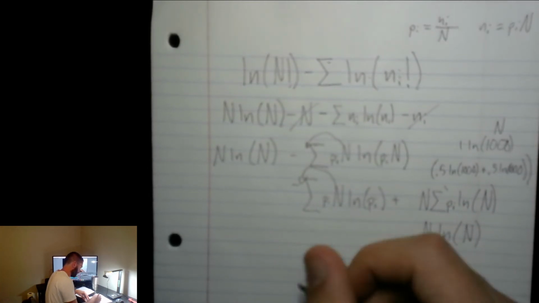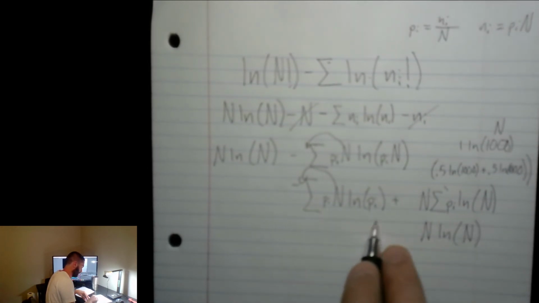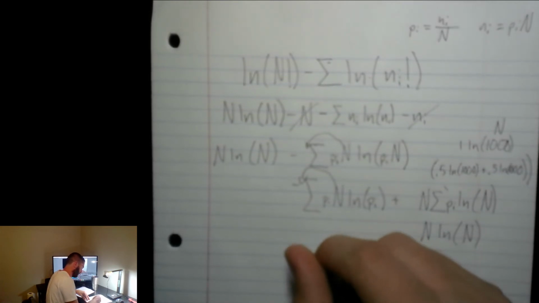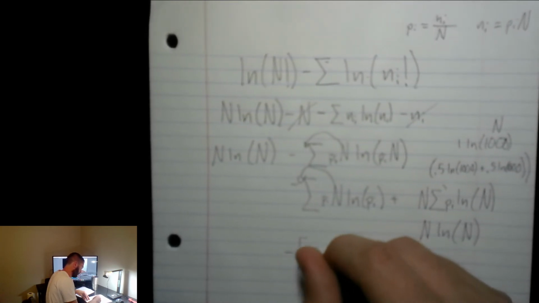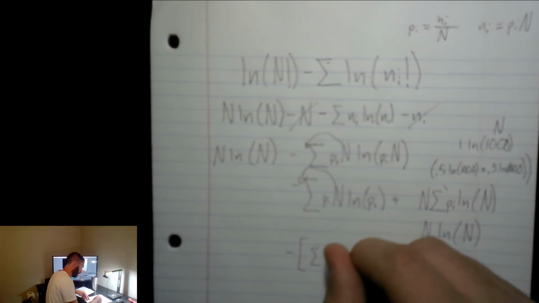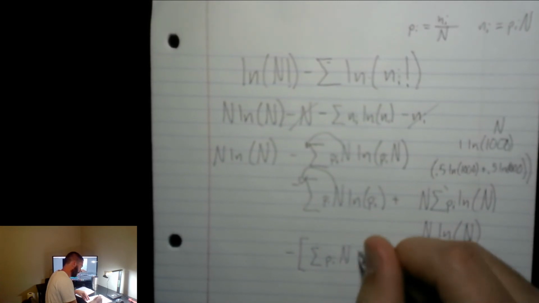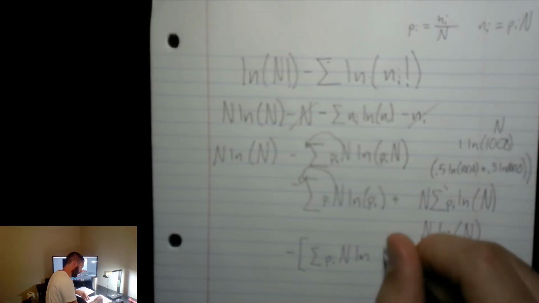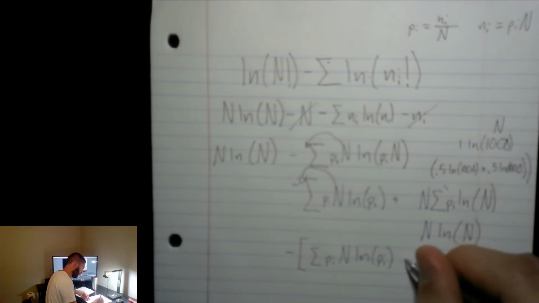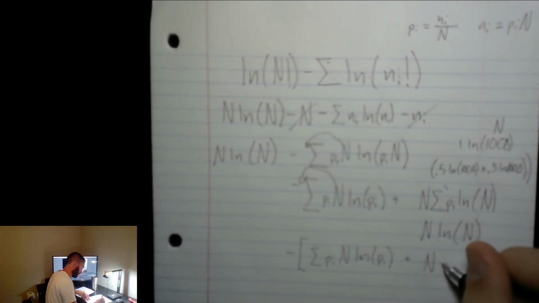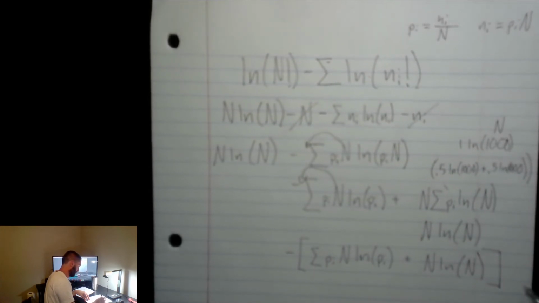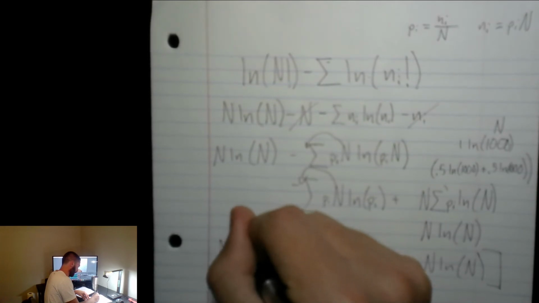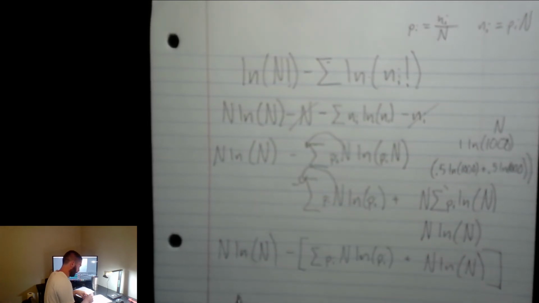And since we're still subtracting this whole section of the equation, we have minus our summation of probability times big N, natural log of the probability, plus, now we showed that this can just be big N times the natural log of big N. We still have this term out in front, which is our big N times the natural log of big N. This term minus the same thing will go away.